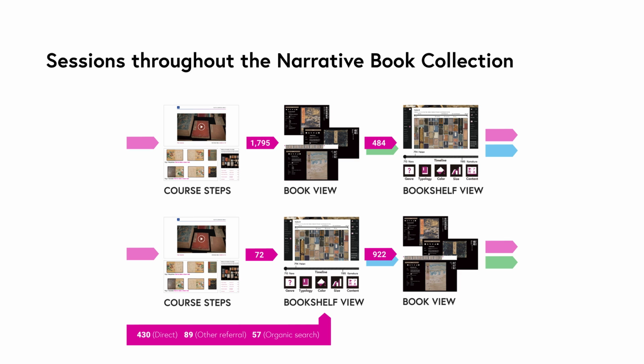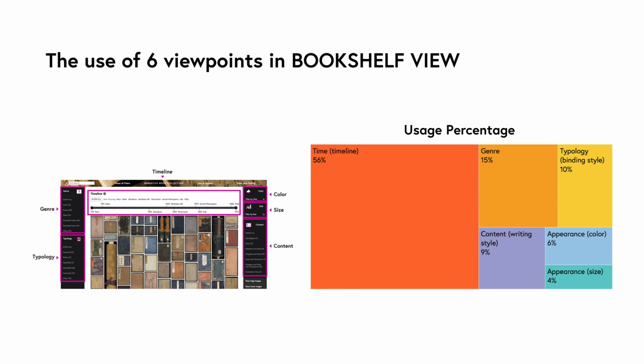And by examining the access log, as the number in each arrow indicates, a large number of learners were exploring the path throughout the course steps, book view, and bookshelf view. Going more into the details, inside bookshelf view, analytics indicated that there were about 3,500 clicking and dragging actions with all 6 viewpoints.